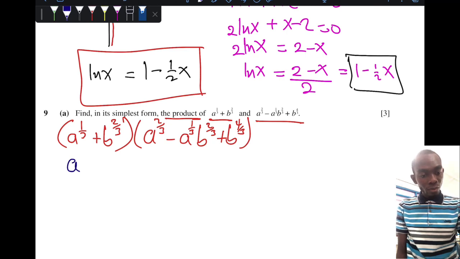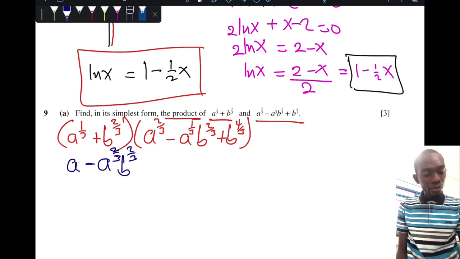Now, the next thing we want to do is a to the power 1/3 times this b to the power 2 over 3. You apply the laws of indices, so you are going to have a to the power 1 over 3, b to the power 2 over 3. And then you are going to use this to multiply the last one.